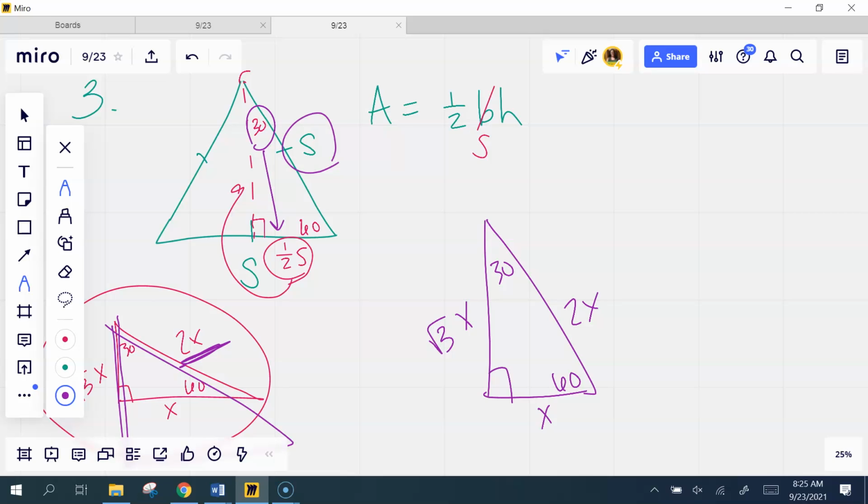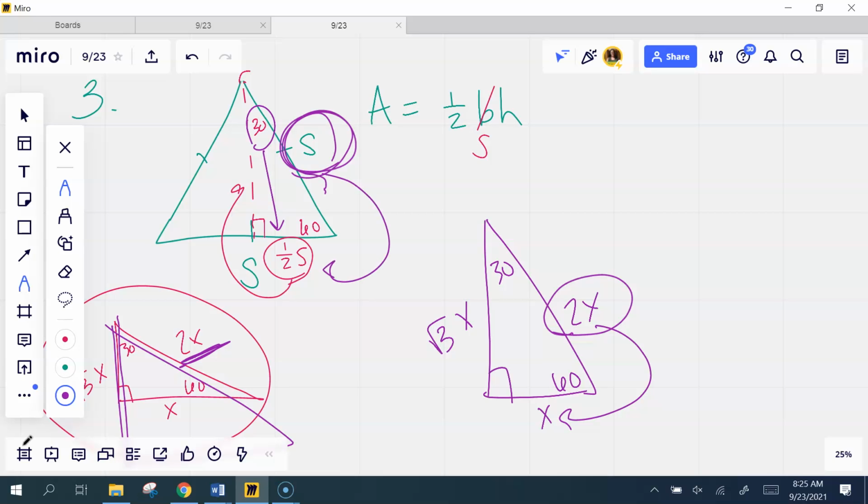Always work from the short leg to get to the other sides, but if you don't have the short leg, you can go backwards to get to it. If I start with the hypotenuse, to get to the short leg I would divide by 2. I'm given the hypotenuse because it's S, so to get to the short leg, I divide by 2.